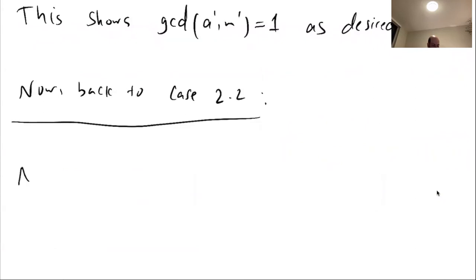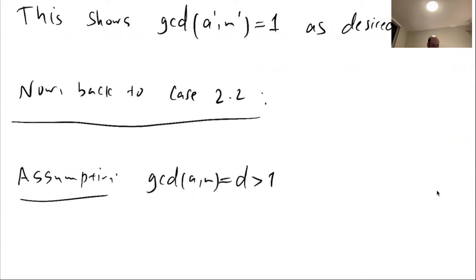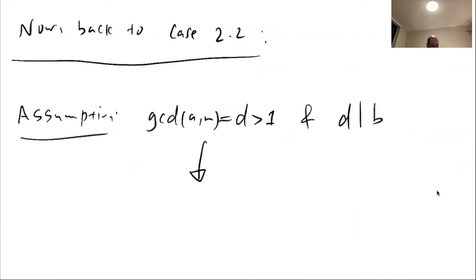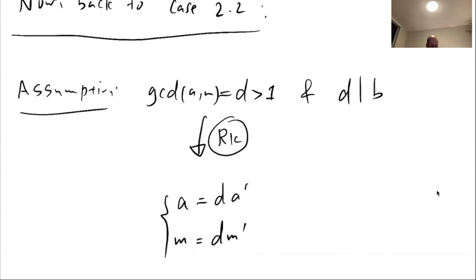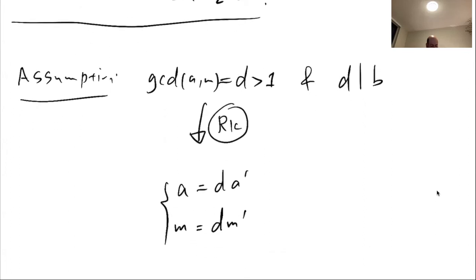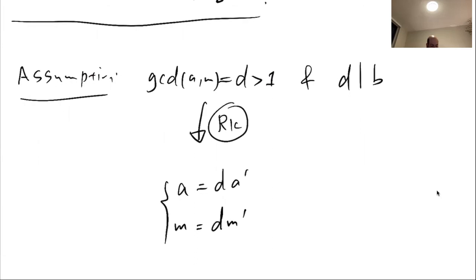So our assumption is GCD of A and M equals D bigger than 1 and D divides B. So this one implies what? According to the remark, I can write A as D times A prime and M as D times M prime. And we know that D divides B.